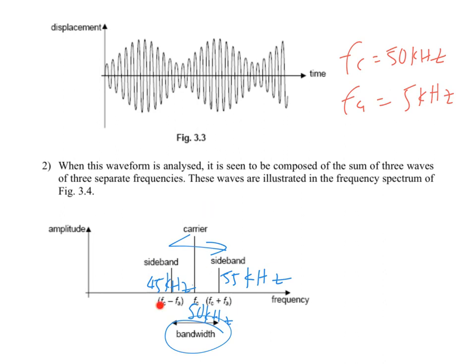That means if you add up this 55, this 50 and this 45 kilohertz wave, you will also get this one. If you add them together by superposition, you will get this. But of course, we never do that. We actually use amplitude modulation to create this, and then we notice that inside there is this.